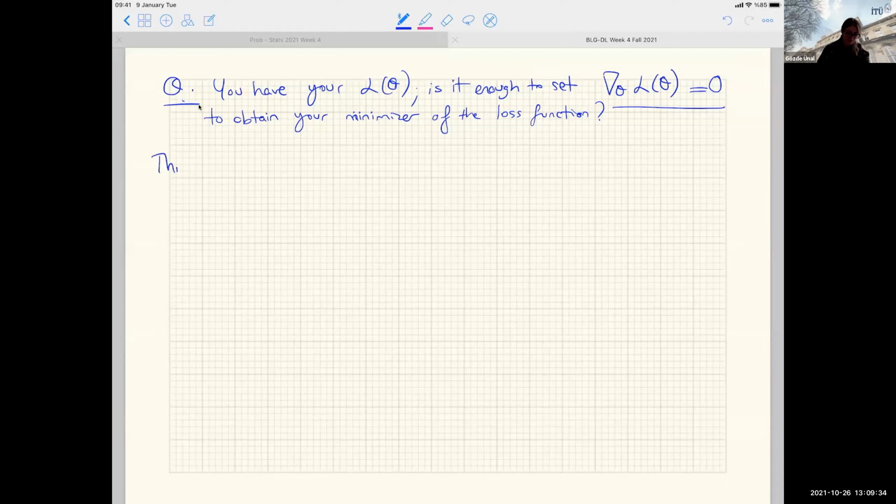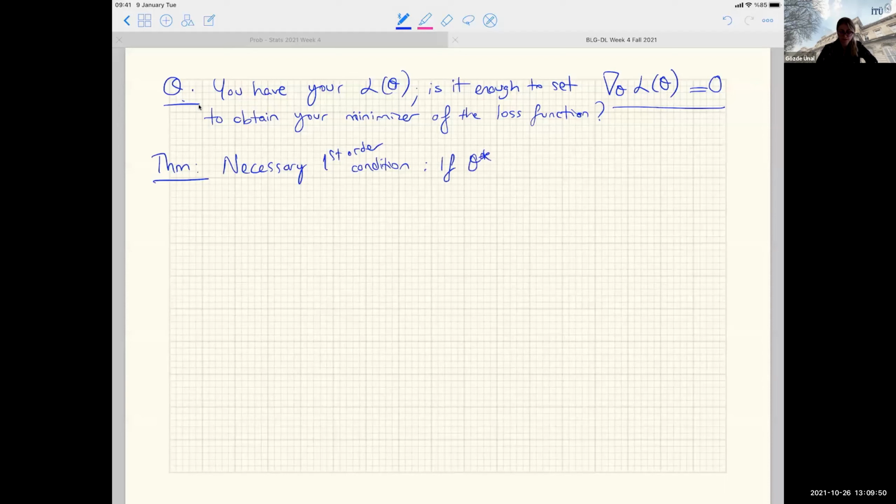So the theorem, remember, from optimization: the first order necessary condition for a minimizer.